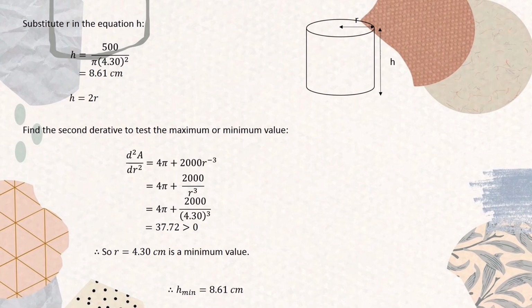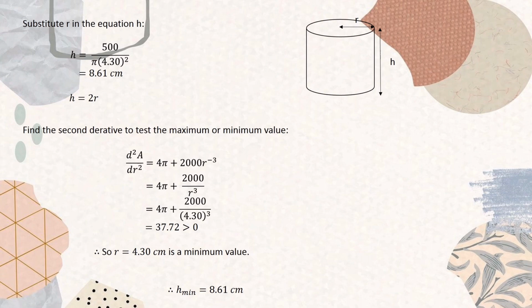Next, we substitute the value of r in the equation, so it will be 4 pi plus 2000 over 4.3 to the power of 3. Finally, we will get 37.72. As we know, 37.72 is greater than 0, which shows that the value is a minimum value.